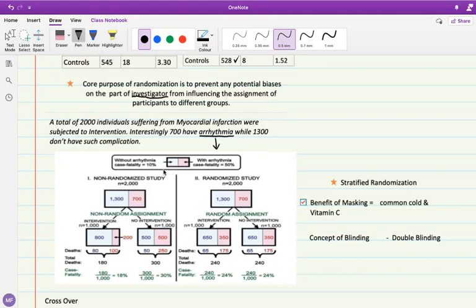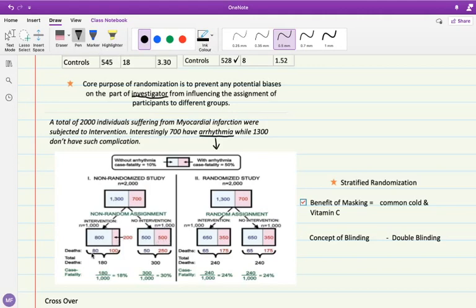That's important to remember. Now in the non-randomized study, out of 2000, 1300 individuals were non-arrhythmic and 700 were suffering from arrhythmia. We divide them into equal numbers of 1000 and 1000, so that, let's say, 800 non-arrhythmic and 200 arrhythmic fall in one group, and 500 go with the other.